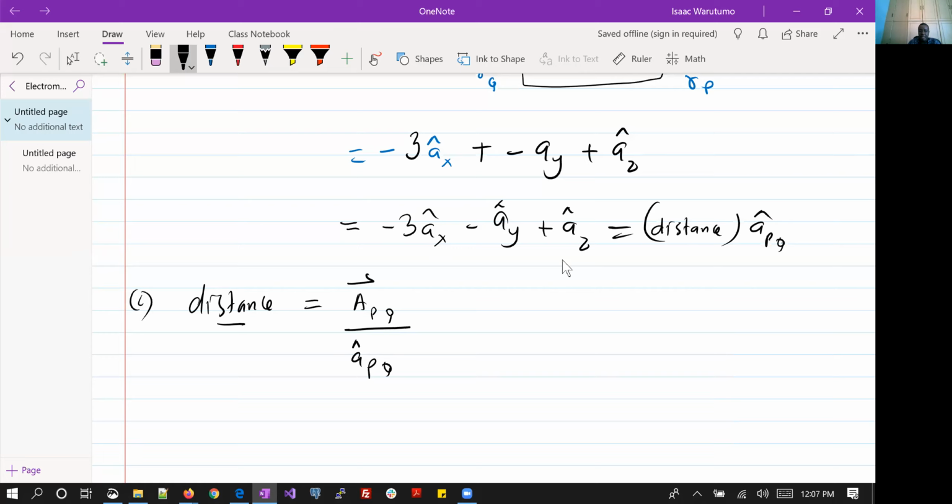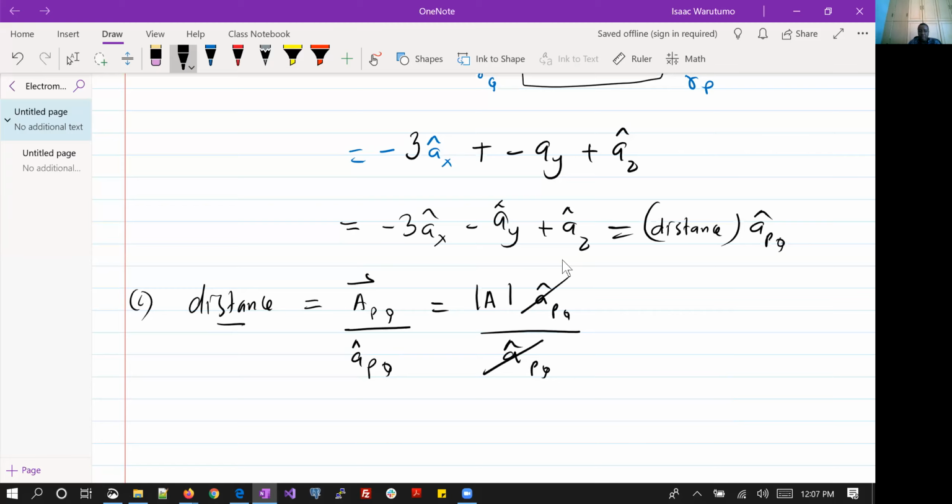And remember that we can find the distance by saying RPQ is equal to the distance times APQ. So you see this would cancel out, because if we introduce APQ down there, this is a unit vector and this is a unit vector, so they cancel out.